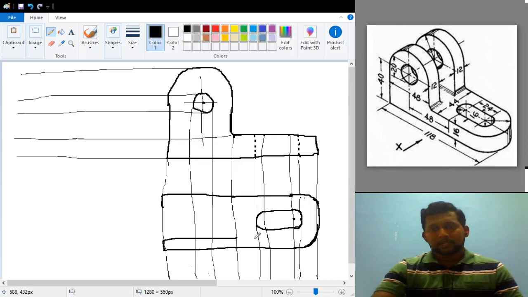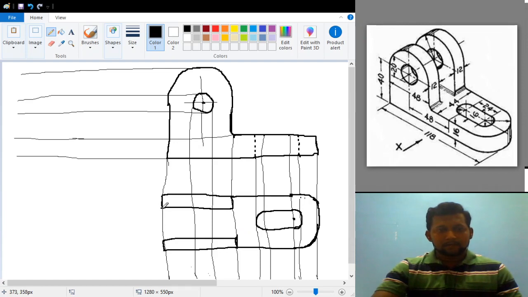And from here also, it should appear like this. And this one you can join. So this particular line and this particular line, I have to join over here. And from here to here you can complete this one like this.